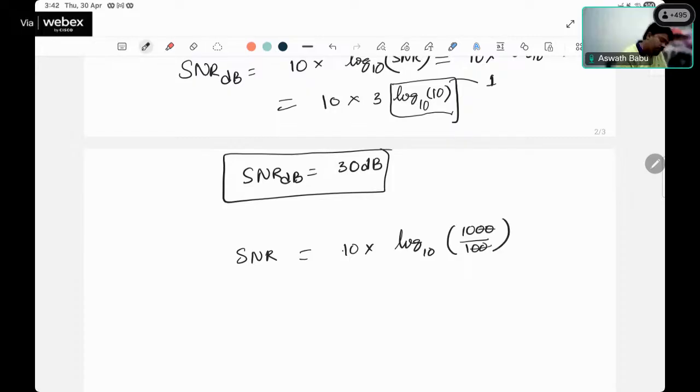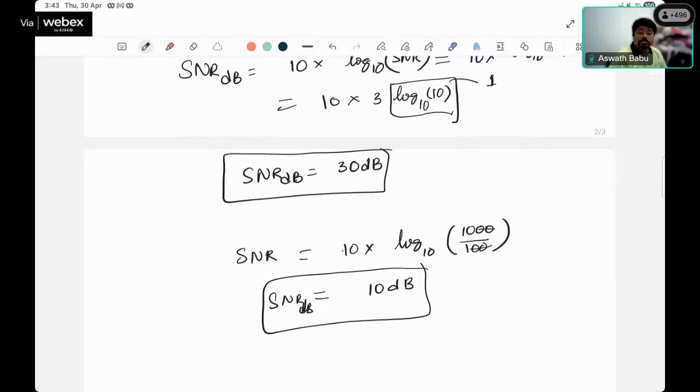What am I left with? Just simply 10. Log 10 of 10 is 1, so I'll have 10 decibels SNR. So here, out of my signal of 1000 joules, 100 joules is noise. One-tenth of the signal is noise. Reasonable, we can say acceptable.